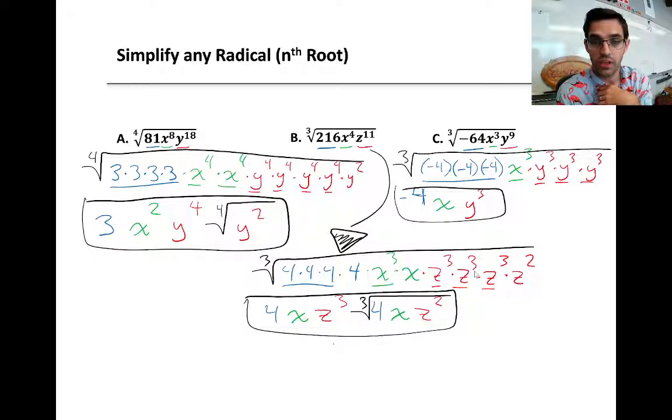That's 3 sets of 3 and 2 left over. 3 sets of 3 means we have z to the power of 3 on the outside of the radical, and the 2 z's left stay inside the radical. So here's our final expression there, fully simplified. And again, simplify means we make the radicand, or the thing inside the radical, as small as possible. We pull as much out as we can.